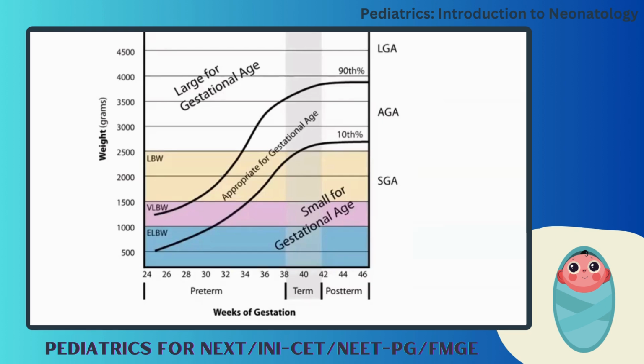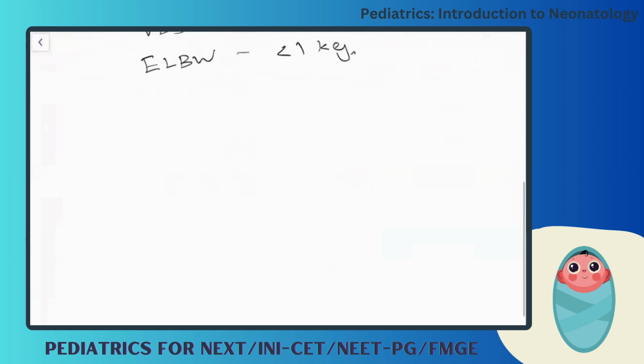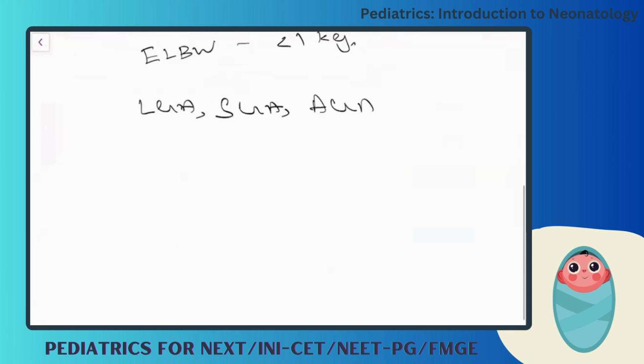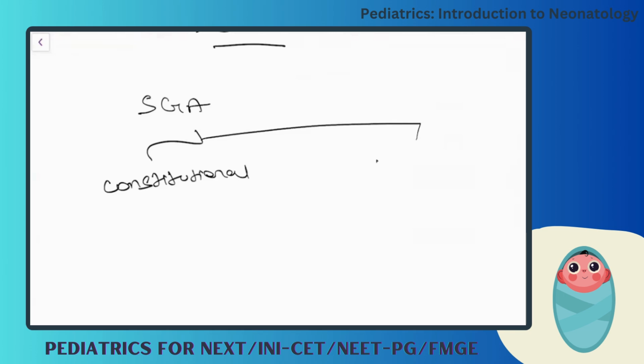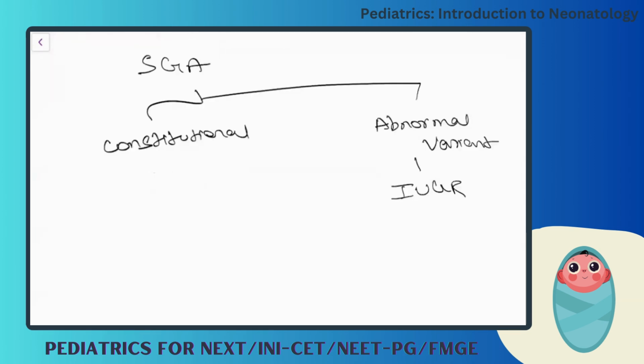What is the abnormal variant called? So we wrote LGA, SGA, and AGA. In that we are just brushing upon SGA. I told you it is divided into two. One is the normal variant, constitutional. Another is the abnormal variant, IUGR, intrauterine growth restriction.